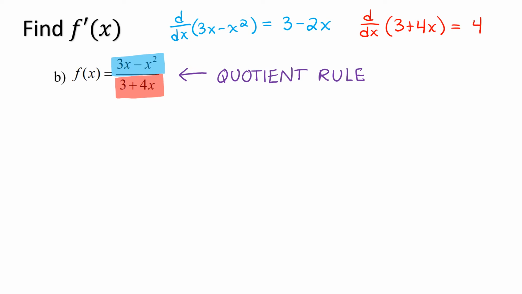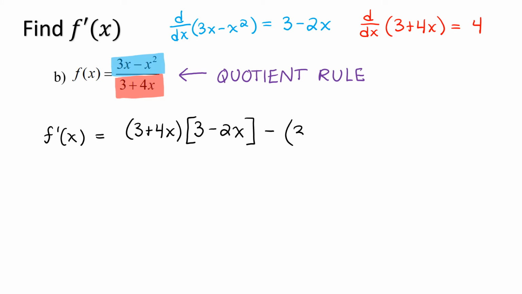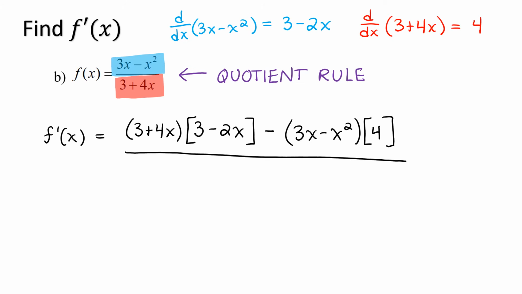So now using quotient rule, f prime of x is equal to low, so 3 plus 4x, d high, so the derivative of our numerator, which is 3 minus 2x, minus high, so our numerator as is before taking the derivative, d low, so the derivative of our denominator, which is 4, all over low, so that's our denominator squared.